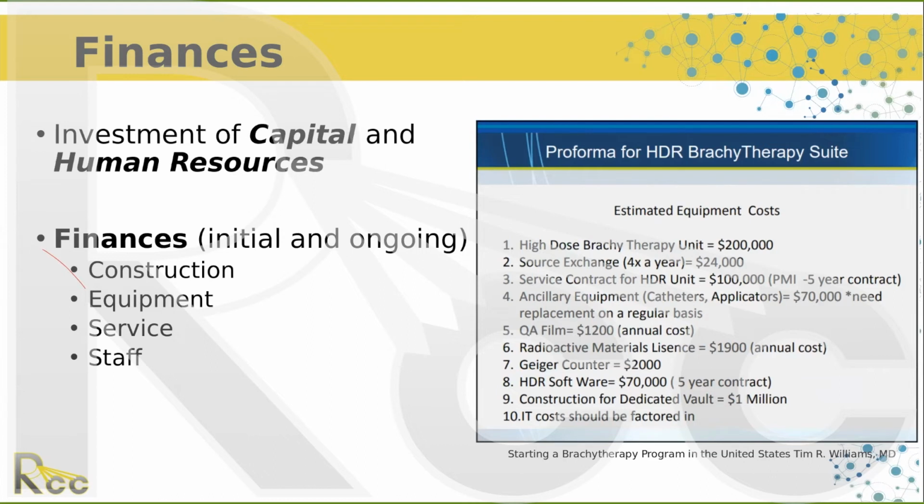That's an expensive cost, and if you aren't budgeting for it, you're going to end up treating much longer, which is going to influence the number of patients you can treat. And then there are questions about the quality when you're delivering a treatment over a longer period of time. So ensuring that there's capital for ongoing expenses, source exchanges, and service is really important.